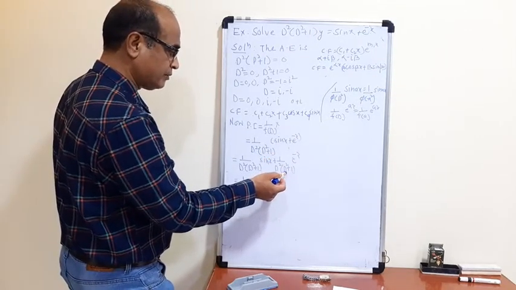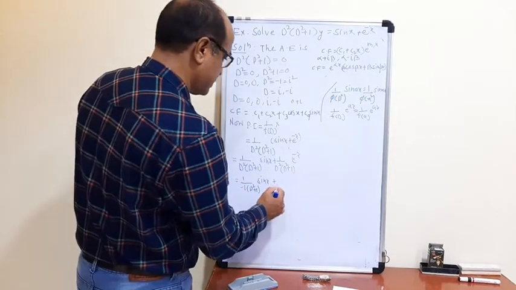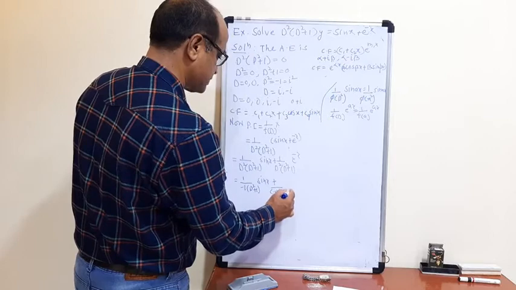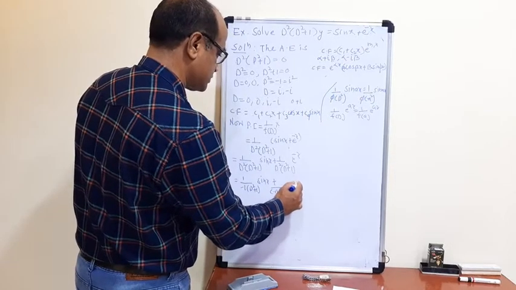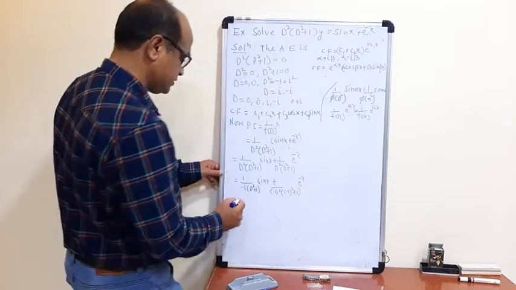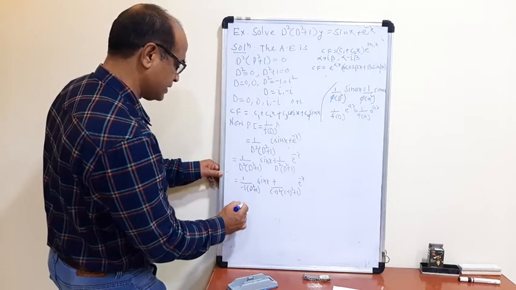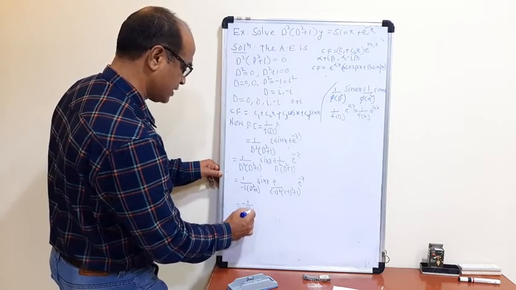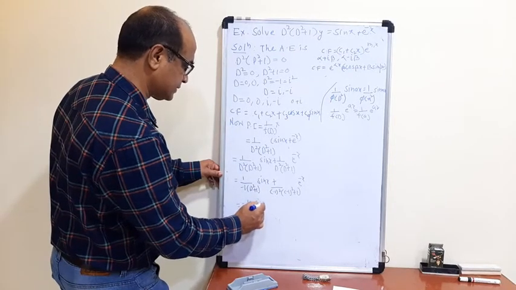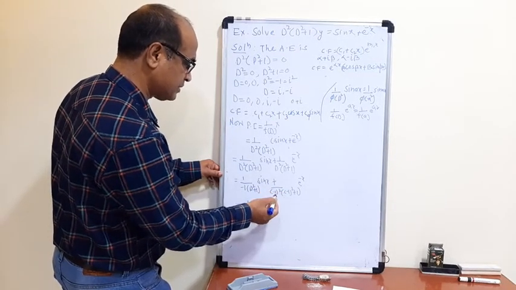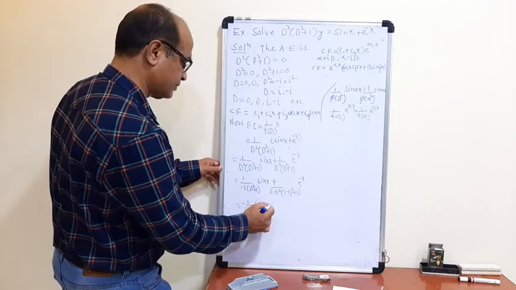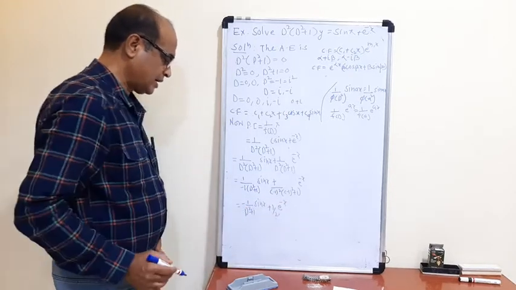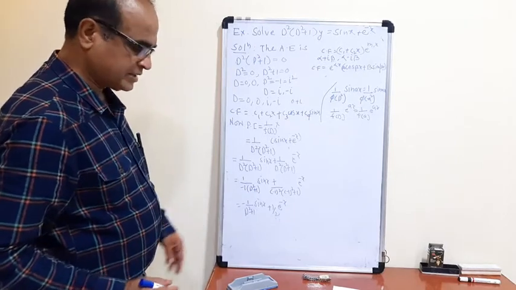So minus 1 squared plus 1 gives 2, and we get 1 half e raised to minus x.